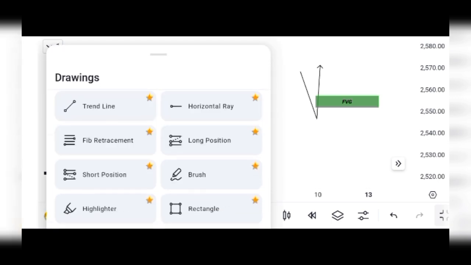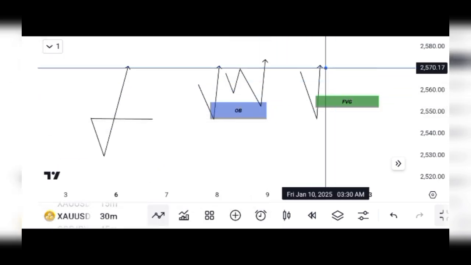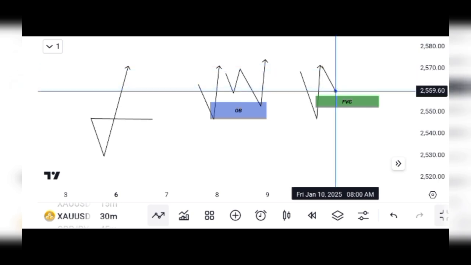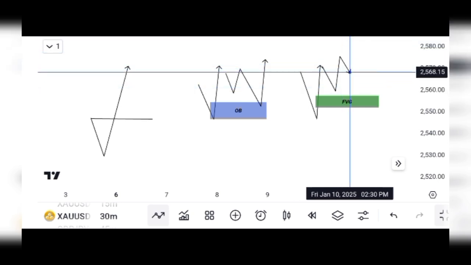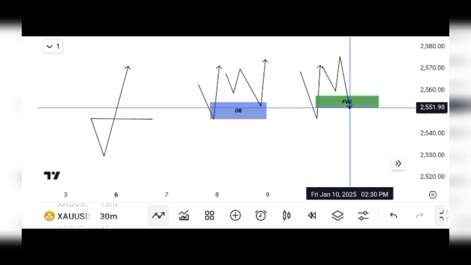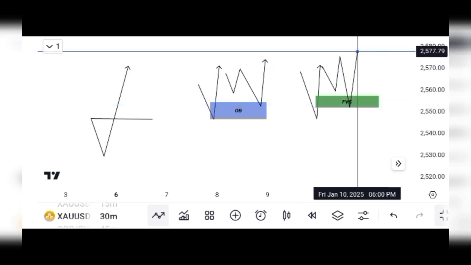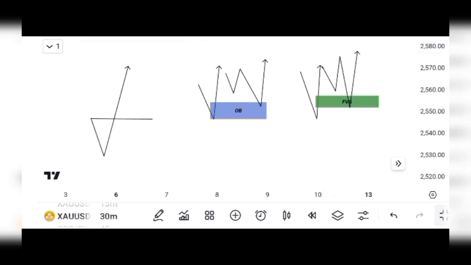Or you will have structural liquidity. That is when you will have a break of structure. Price will break structure to the upside, taking out the recent high, then come back to your origin, which is your point of interest or your entry. That is structural liquidity.